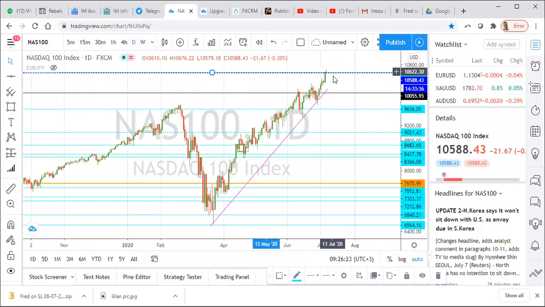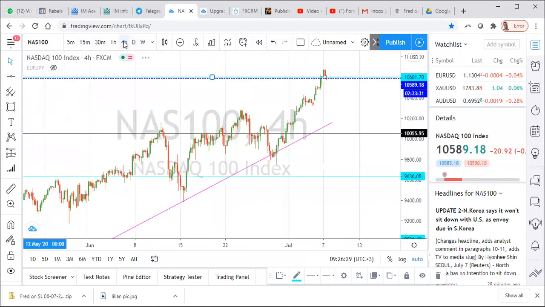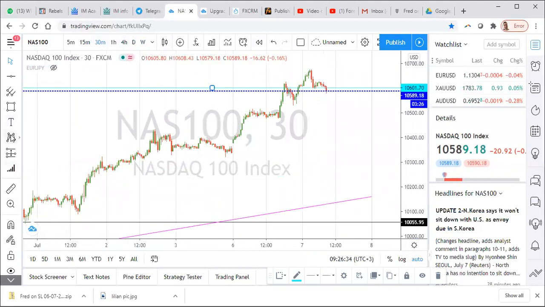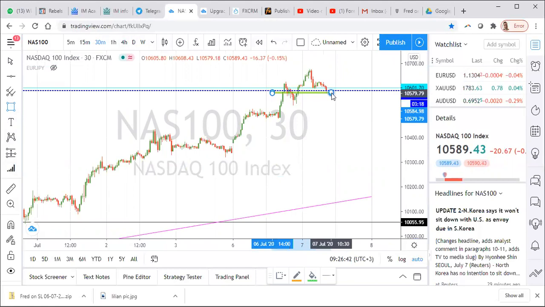Generally you can see there's a wick there, a bit of rejection. Yeah, so I kind of feel like the descent is beginning. So let's see. I'm feeling the descent. Yeah, it breaks this channel.